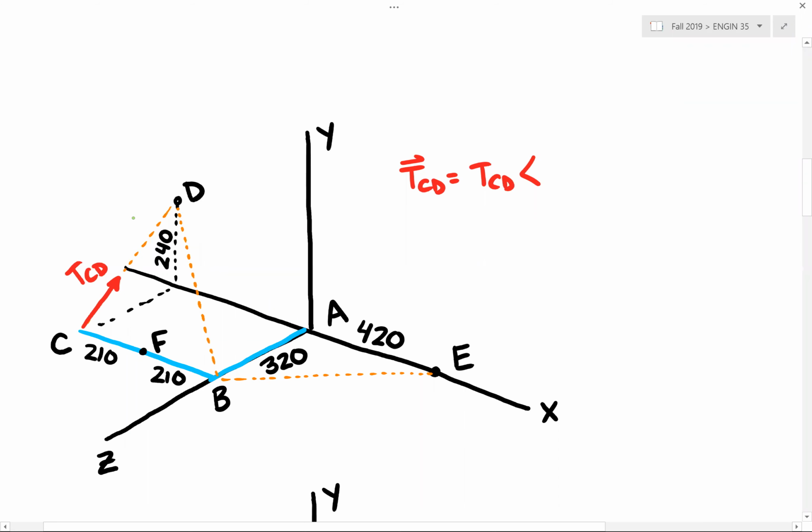So let's look at going from C to D. To get from C to D, first I go this distance, so that's minus 320 in the Z. So I'm going to go ahead and write that in, minus 320 in the Z direction.